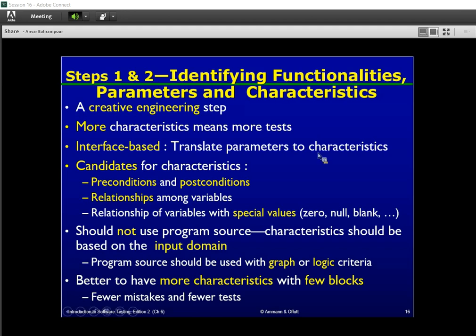For character values, we consider the case of letters. For Boolean parameters, we consider the true or false values.